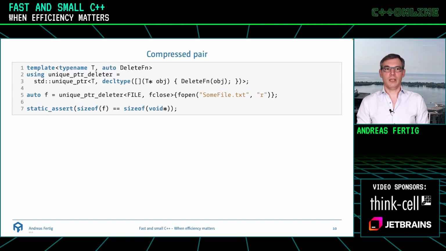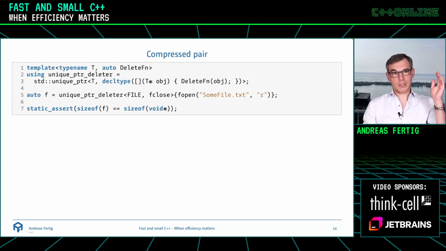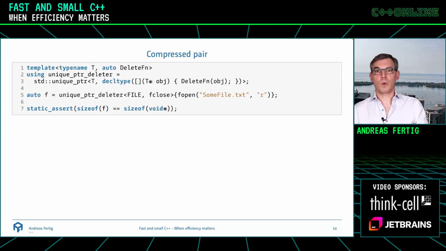That's a really great thing, and that's something that you can translate to your own code base. Of course, if you're using a unique pointer with a custom deleter, you should think about applying this technique. But if you have your own data types that do similar things, maybe this helps you as well.